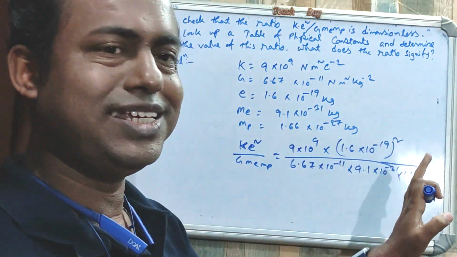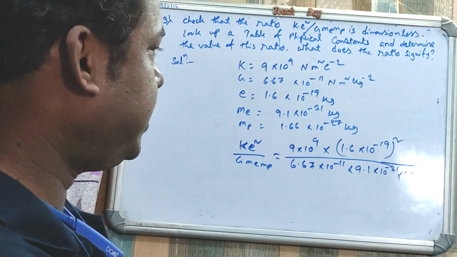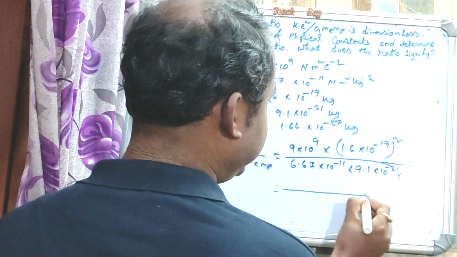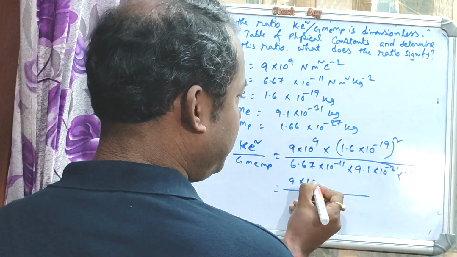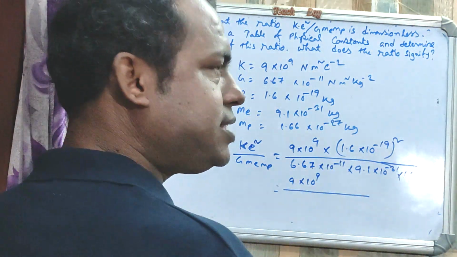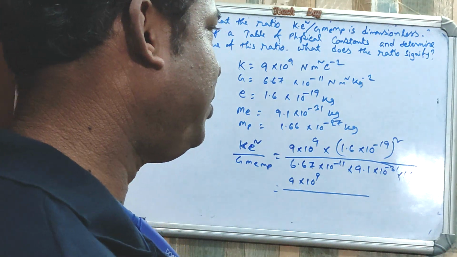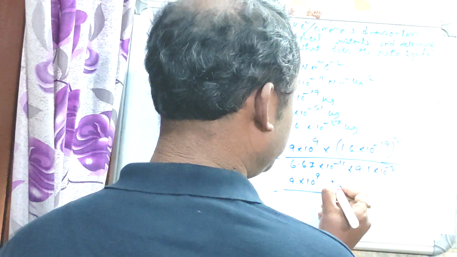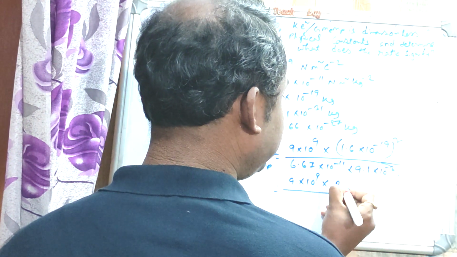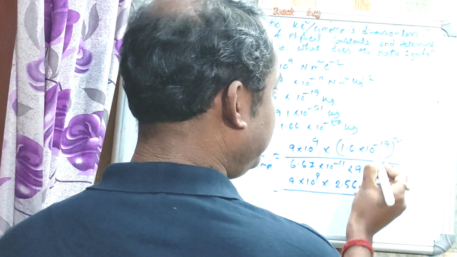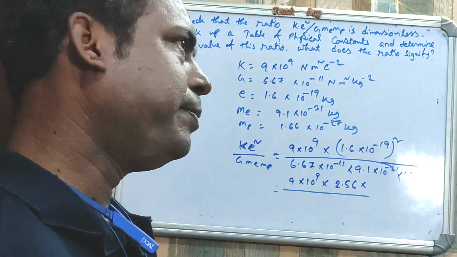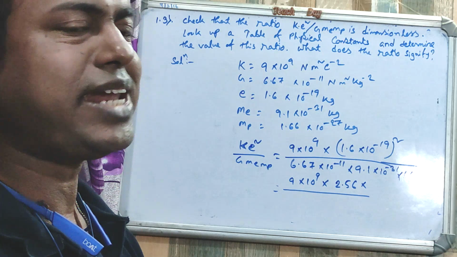So putting in all these values, I think it is clear. Here it is 9 into 10 to the power 9. Here 1.6 squared, that means 1.6 into 1.6, that is 2.56 into 10 to the power minus 19 plus minus 19, that is 10 to the power minus 38.